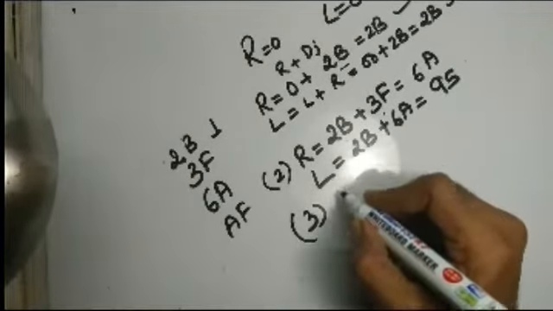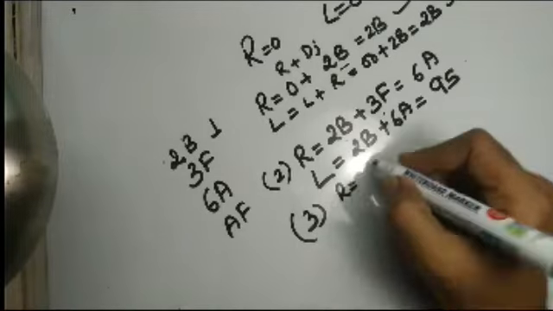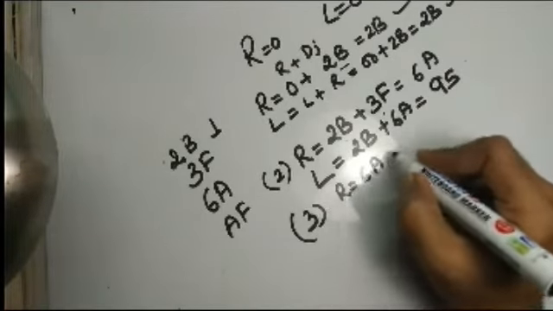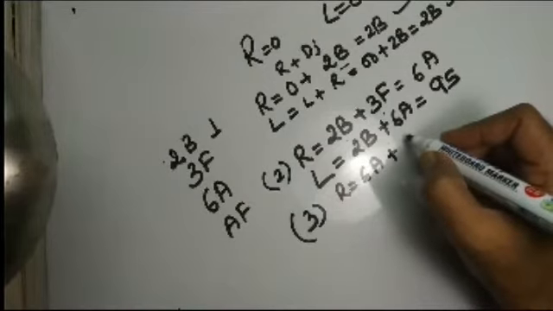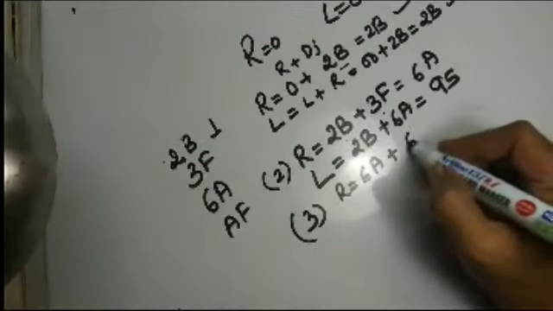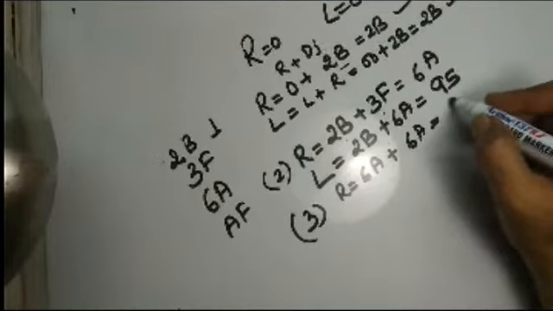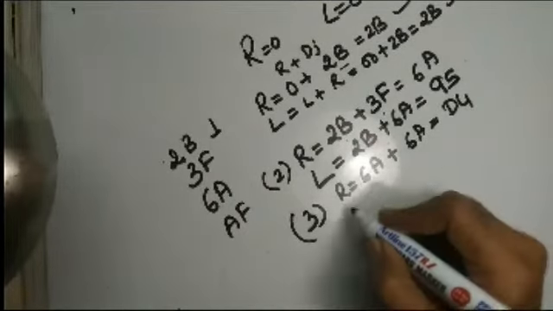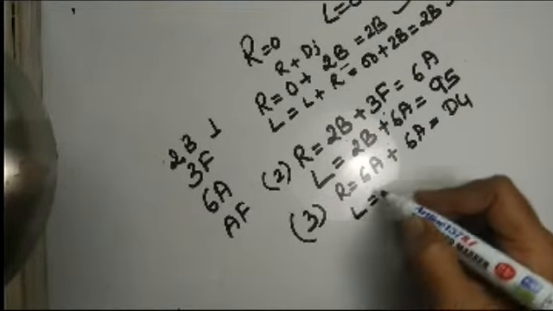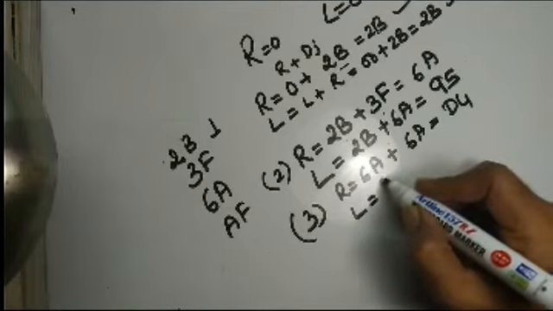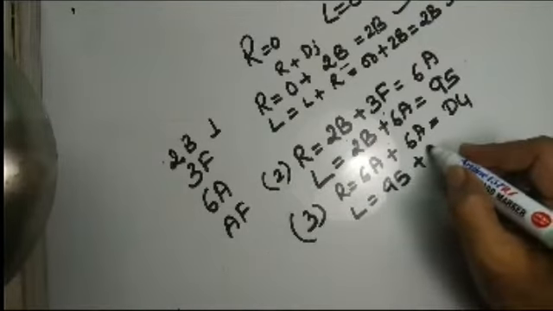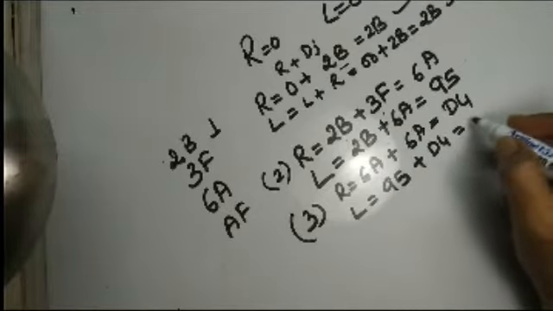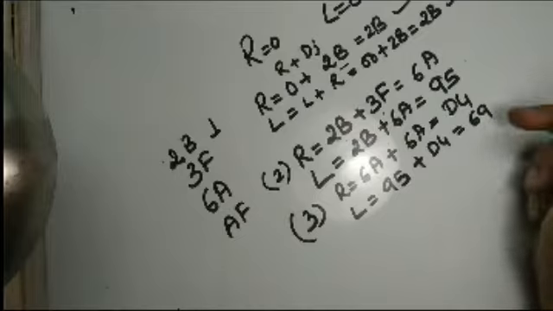In the third iteration, R is equal to 6a plus the new data word, which is 6a. 6a plus 6a is d4, and L value is 95, that is the previous L, plus d4, the newly calculated R value. If I add these two things, I get 669.